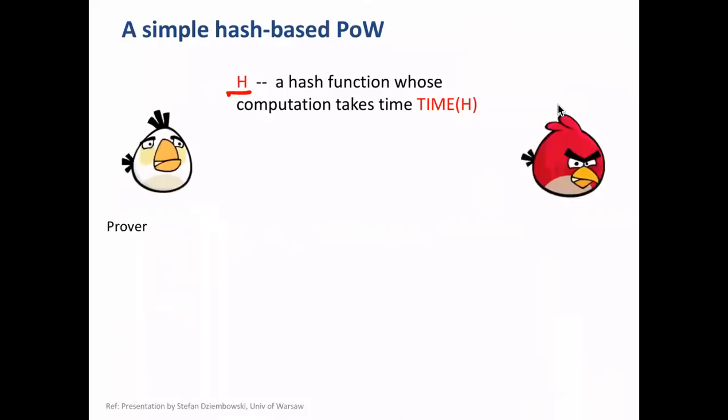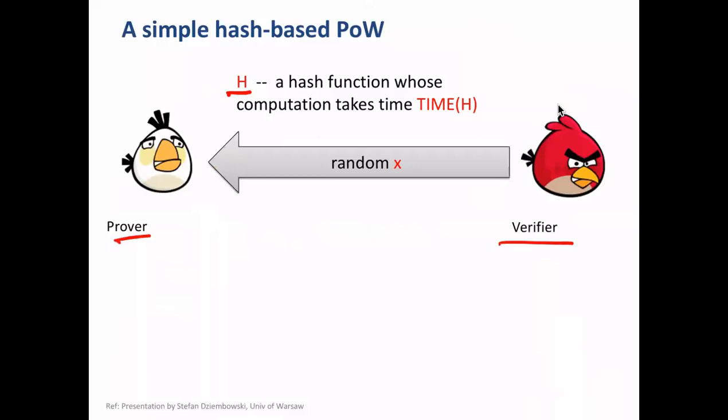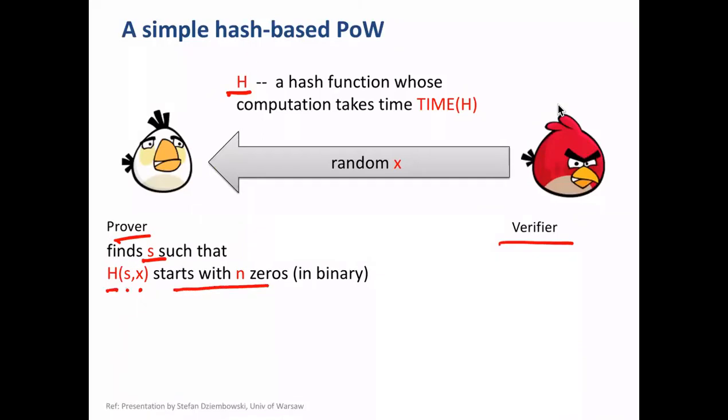Okay, so there is a prover and there's a verifier. The verifier will send a random value of x. The puzzle is: find s such that the hash of s concatenated with x starts with n zeros.